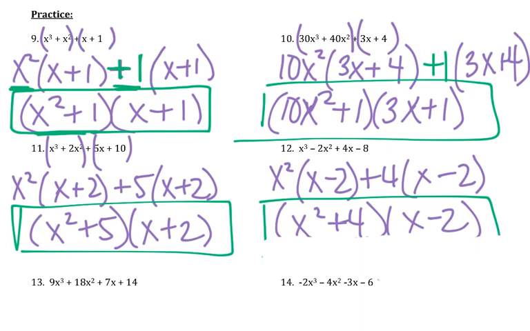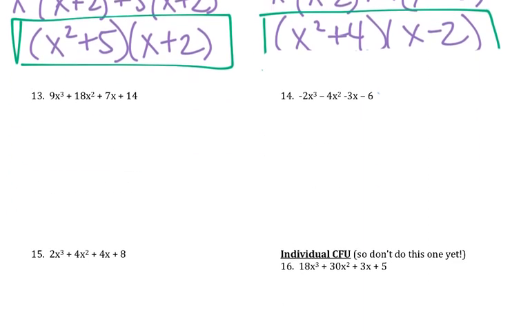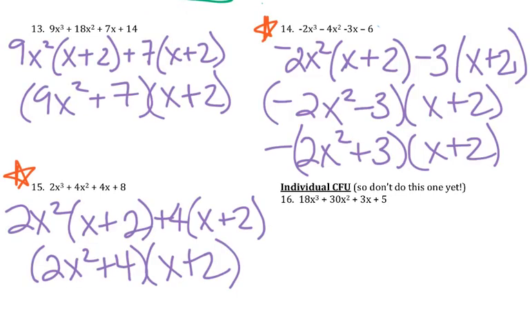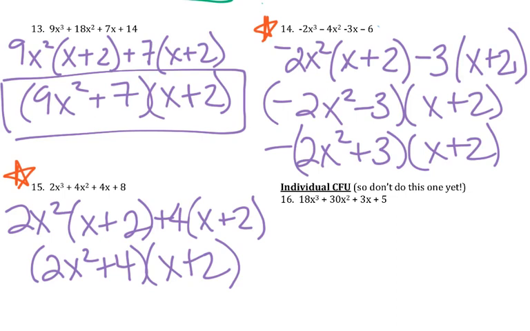All right, let's take a look at answers for 13 and 14 and 15 in case you want to see those as well. Okay, so here's our answer for 13, which is pretty straightforward. 14 is interesting because all of these terms are negative. So in the first step, we could actually factor out a -1, which would make this problem a lot easier.